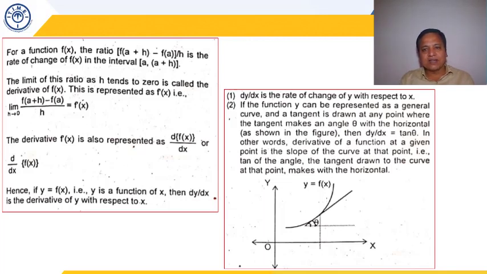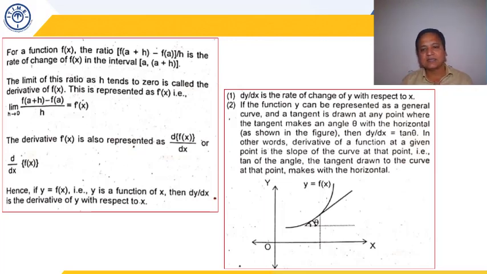If a function y can be represented as a general curve and a tangent is drawn at any point where the tangent makes an angle theta with the horizontal, then dy/dx is equal to tan theta. The derivative of a function at a given point is the slope of the curve at that point, that is tan of the angle the tangent drawn to the curve at that point makes with the horizontal.